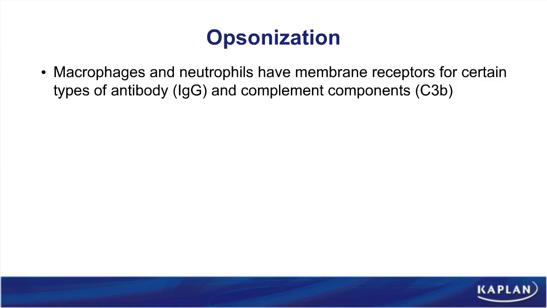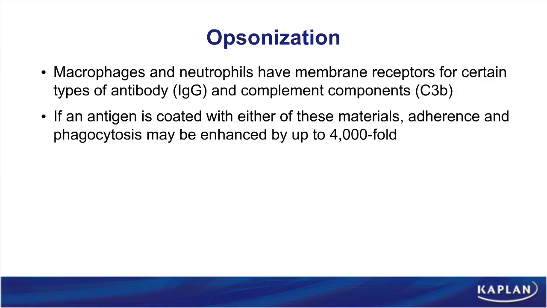Okay. Now, what's really cool is you can have a macrophage that binds to a pathogen through lots of the receptors that Dr. Ali talked to you about, and they can become activated that way. But this process of opsonization makes things a lot easier for the macrophage. If you have a pathogen that is coated with either complement C3b or IgG, essentially it delivers the pathogen right to the phagocyte.